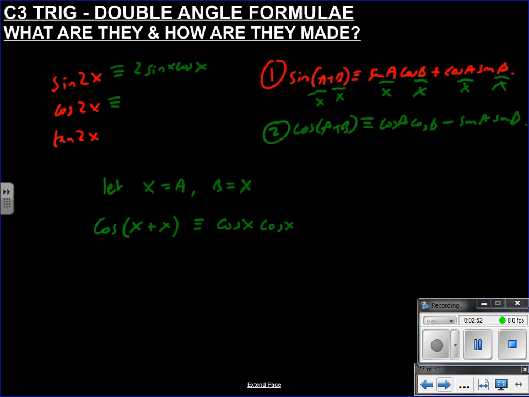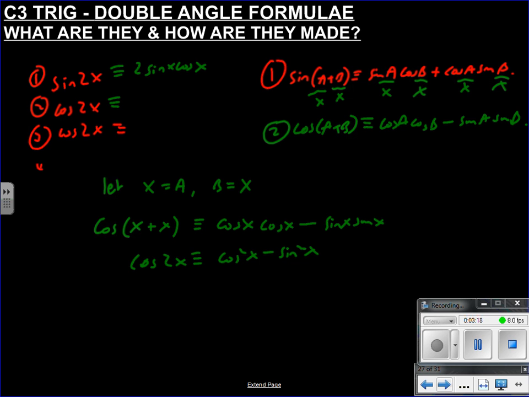We've got a plus in the bracket, so we need a minus: cos squared x take away sine squared x. And this is our cos 2x on the left-hand side. That's version 1, but like I said, there are actually three versions of this.